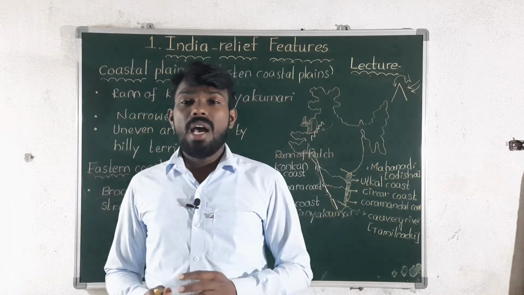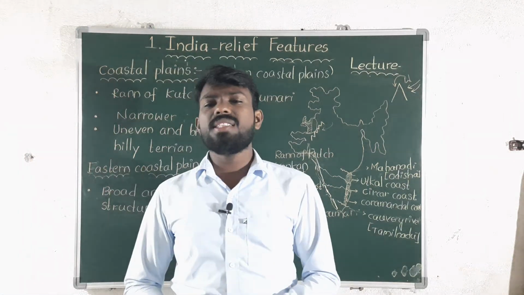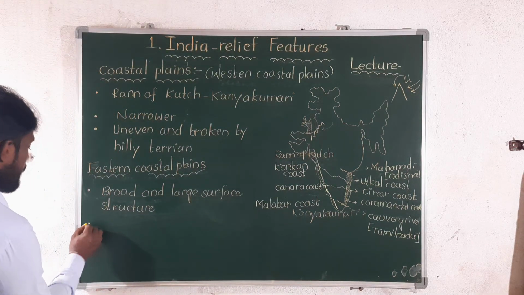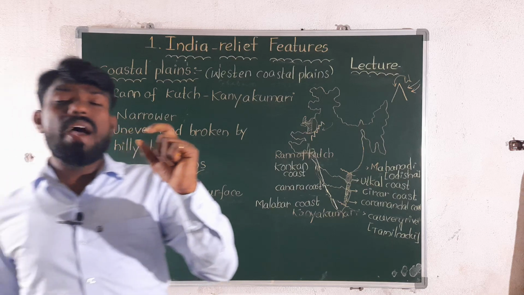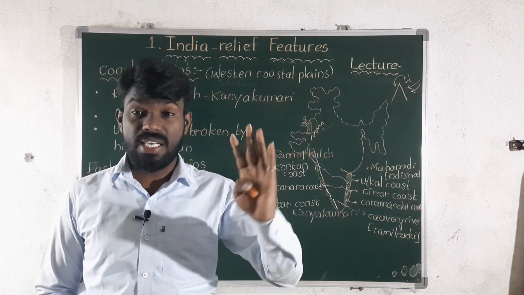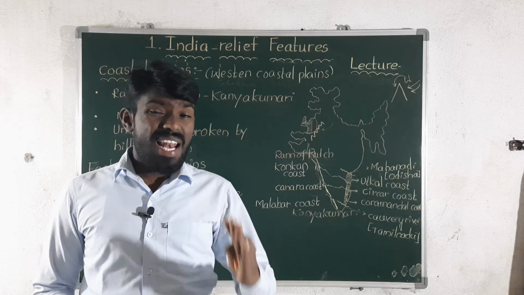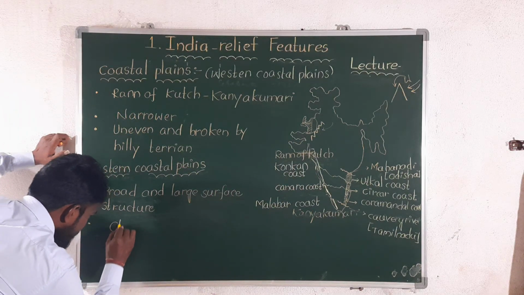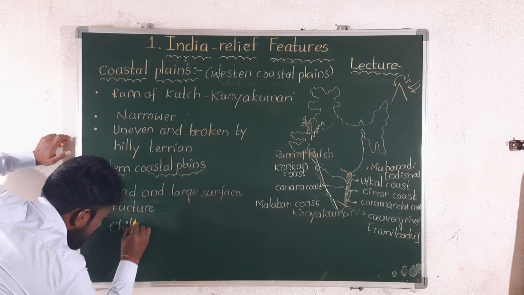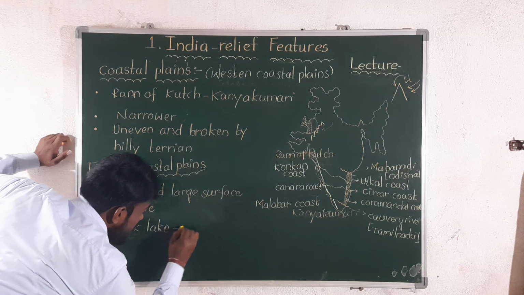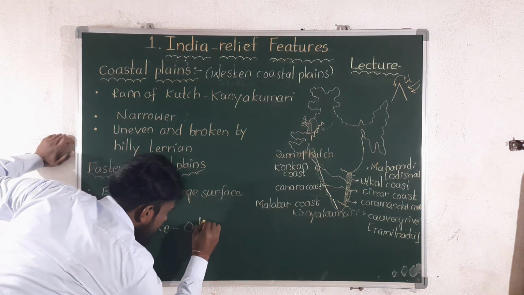Another very important thing to remember is that lakes are very prominent and famous in the eastern coastal plains. That is Chilka Lake, located in Odisha state.